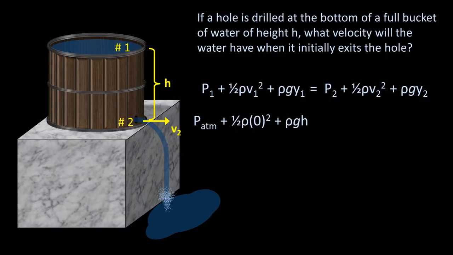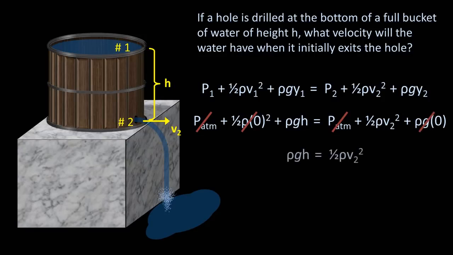Next we have p2. This may or may not seem intuitive, but if point 2 is located just at the lip of the exit hole, the water here is also exposed to atmospheric pressure. So p2 is also p atmosphere. v2 is of course what we are solving for, and y2, or the height of point 2 above the top of the marble block, is 0. So p atmosphere cancels out, and this term is 0, as is this one.